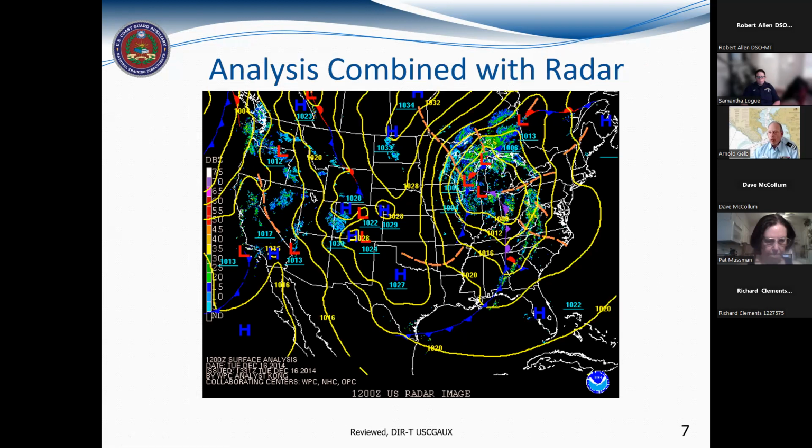Now here, what we've done is overlaid the first chart with radar. Note the extensive area of precipitation that you can see here with the stippled dots around the low pressure systems.